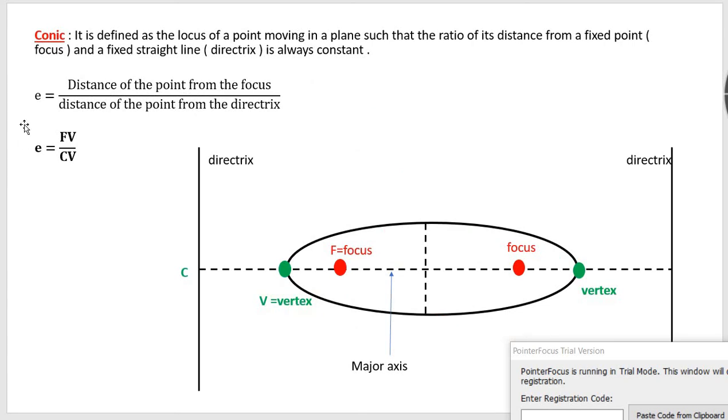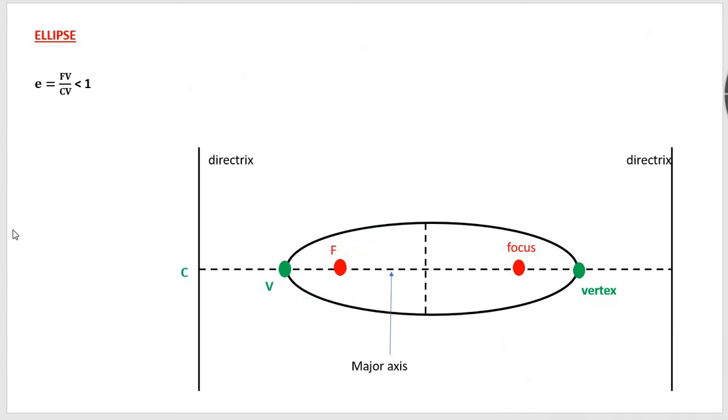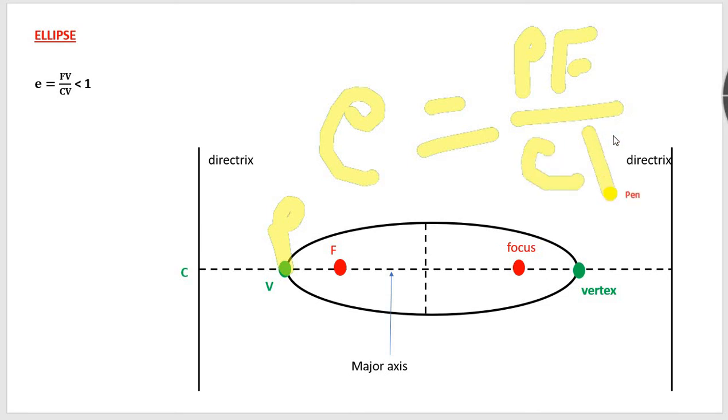Alright, now let's see an example. This is an ellipse. Let us take any point, fixed point P. P is the same as V, so E is equal to the distance of the point from the fixed point, that means PF, by CP. PF is the same as FB, and CP is the same as CB.